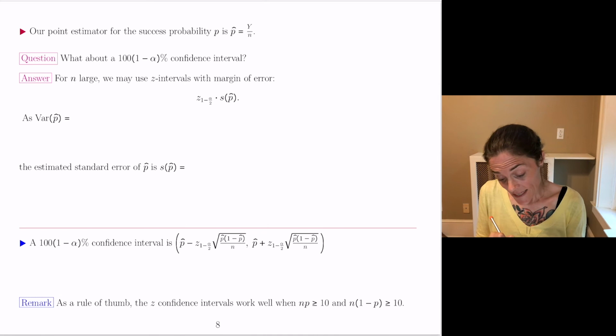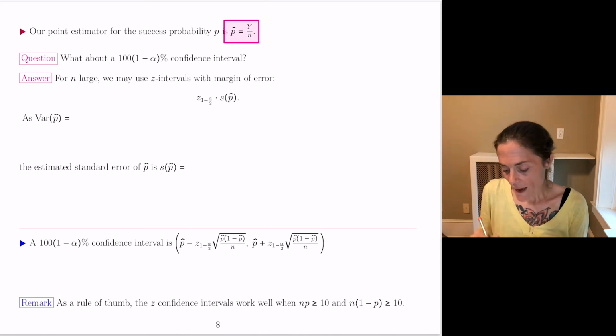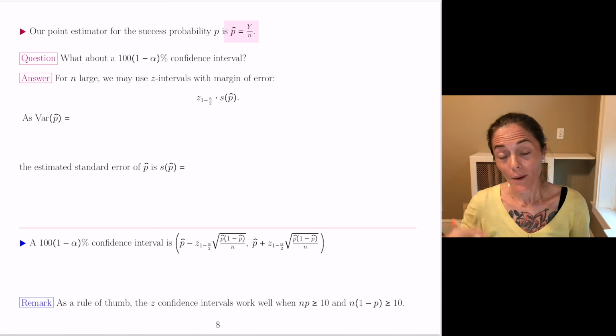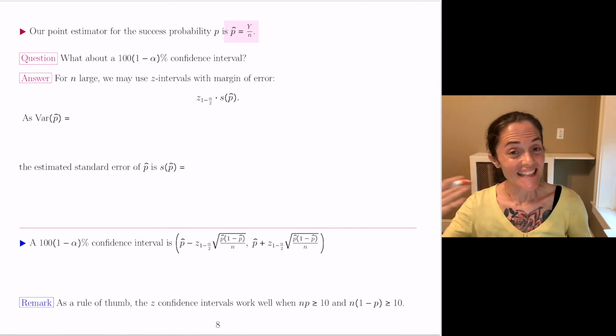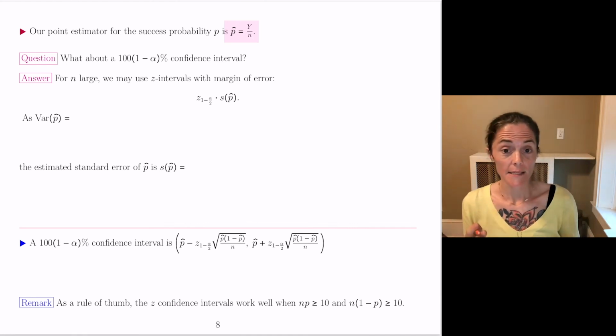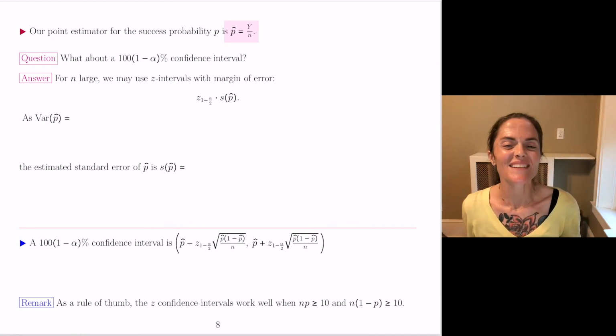Well, this is fantastic. We have a way to estimate the success probability p. But in this module and in this lesson, we are interested in interval estimation. So how do we do this?